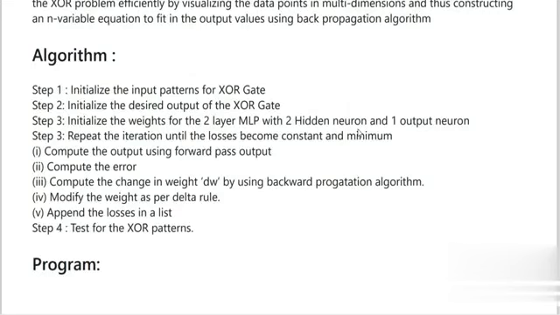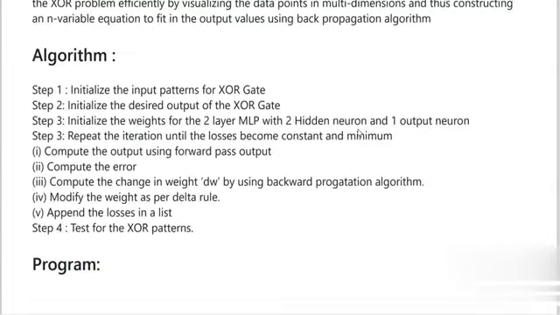The continuation of step 3 is to repeat the iteration until the loss becomes constant and minimal: compute the output using the forward pass, compute the error, compute the change in weight, dw, by using the backward propagation algorithm, modify the weights as per the delta rule, and append the losses to a list. The last step is to test the input and output data for the XOR patterns.